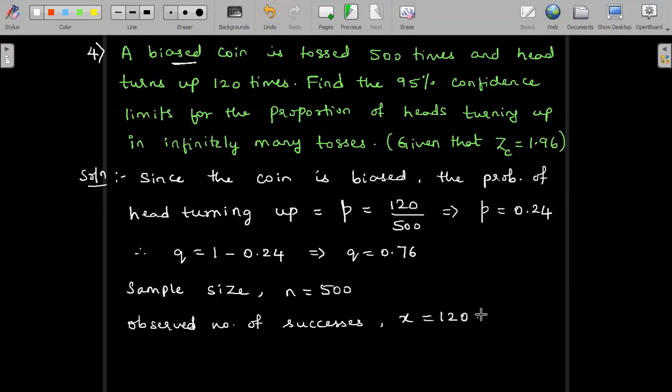Of course, in this problem we need not write down X because the question is based on finding the 95% confidence limits. So let us now write the formula for confidence limits wherein X is not required, but X was indirectly used while finding out the probability P. So we will now write down the formula.